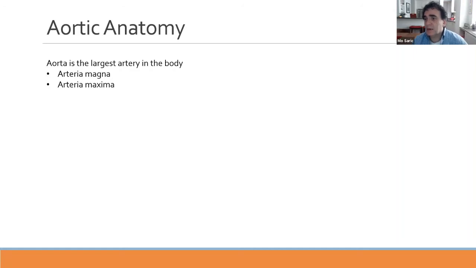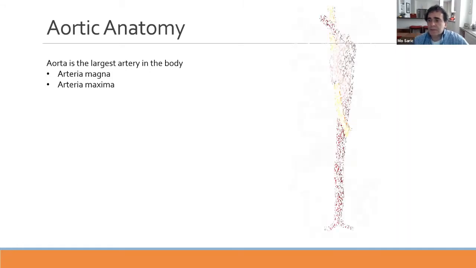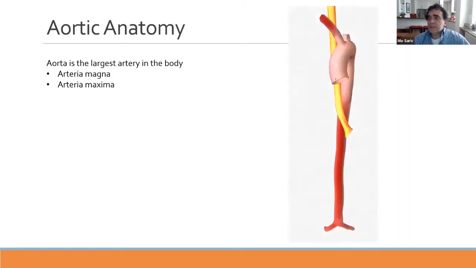Aorta is clearly the largest artery in the body, and therefore sometimes is referred to as arteria magna or arteria maxima. This is the rendering of the entire aortic tree and also its relationship to the esophagus, which is depicted here as a yellow tube in this illustration.